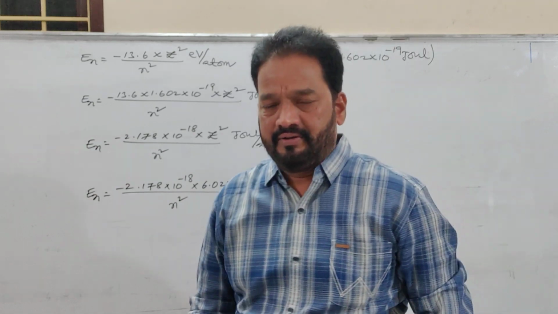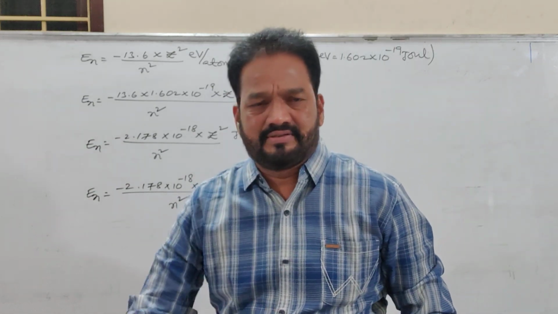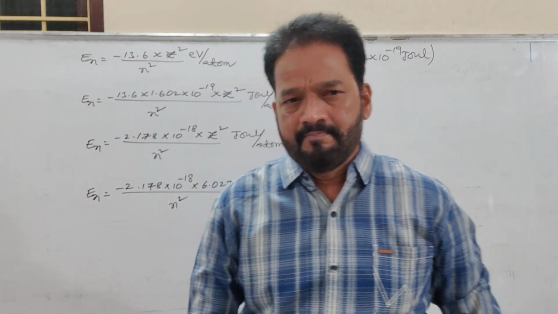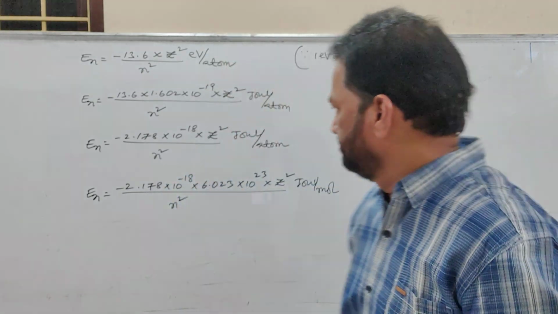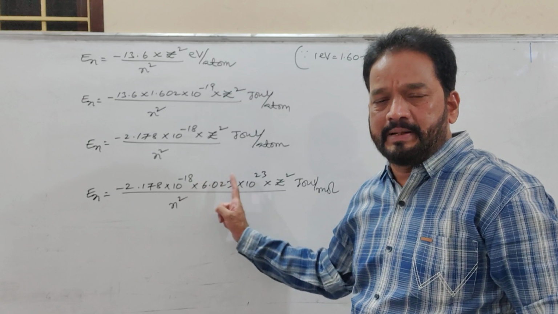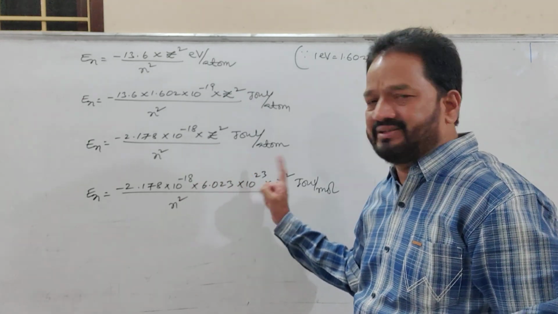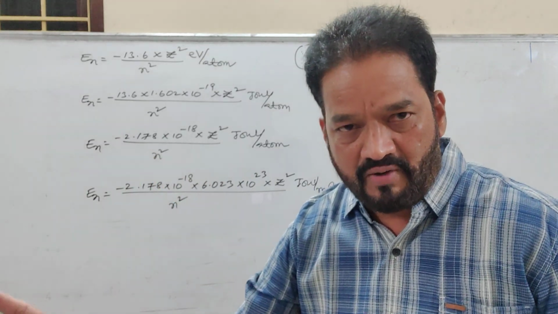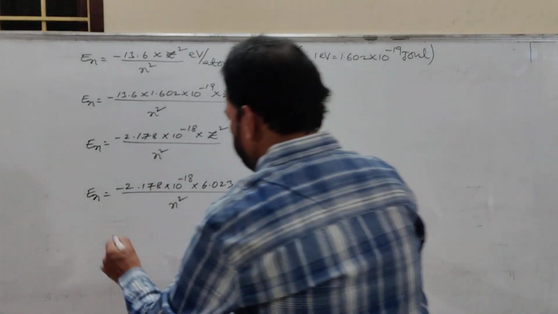I want to tell you here, one direct step we write. 6 into 2.18 is 13.12 into 10 to the power 5. From the 10 power 5, I am taking 10 power 3 as kilo and the other 10 power 2 into 13.12 as 1312.